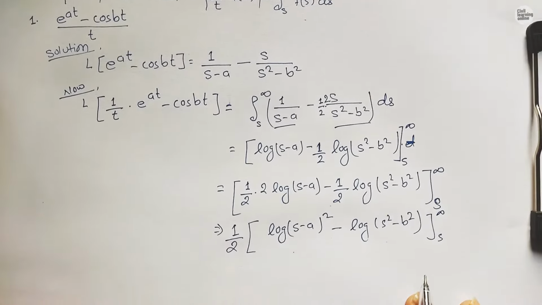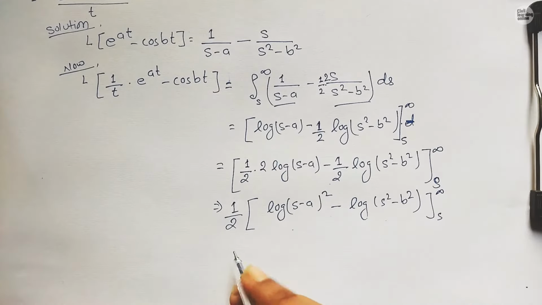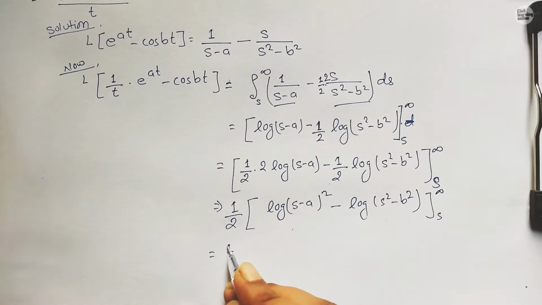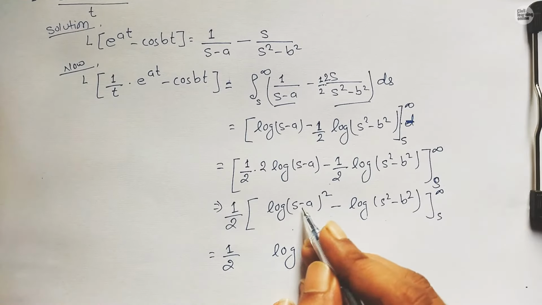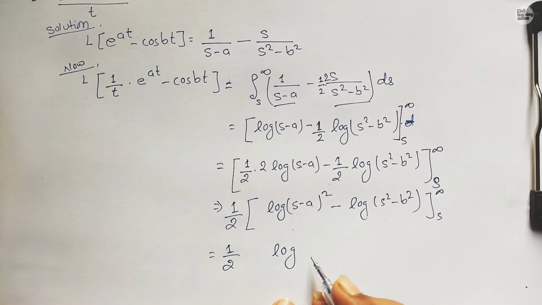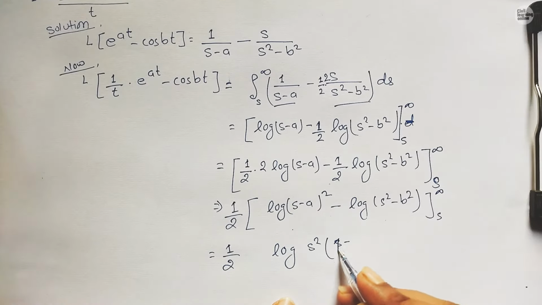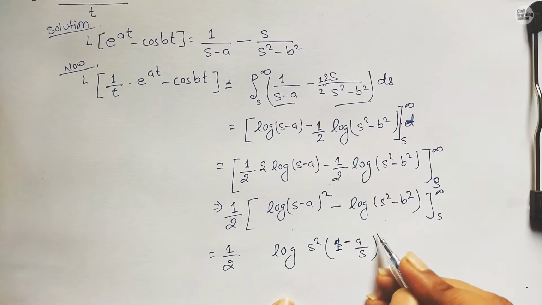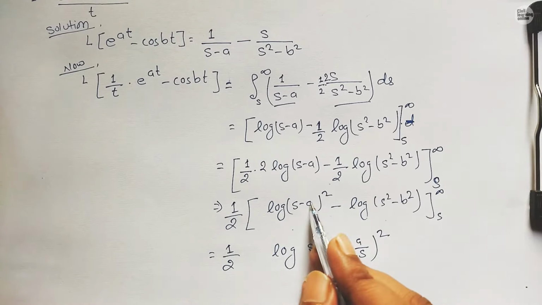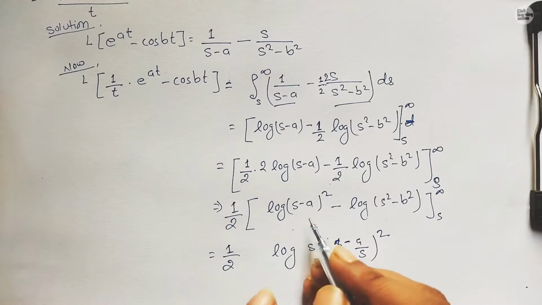Now we have 1 upon 2 and log, let's take s common from this term. So we will have s square times (1 minus a upon s) whole square. What I did here, I just took s common from both.